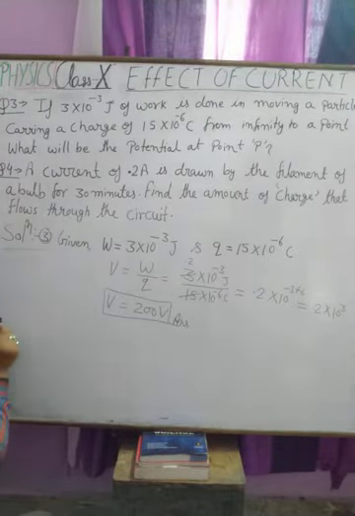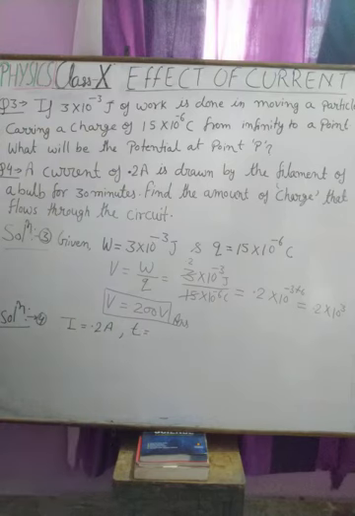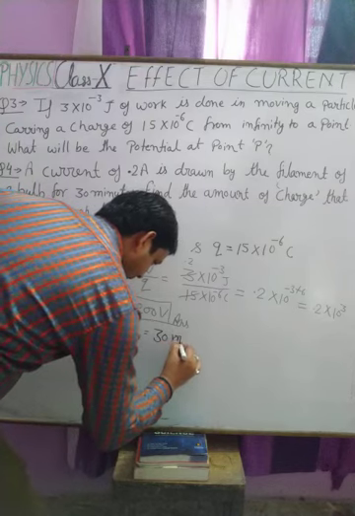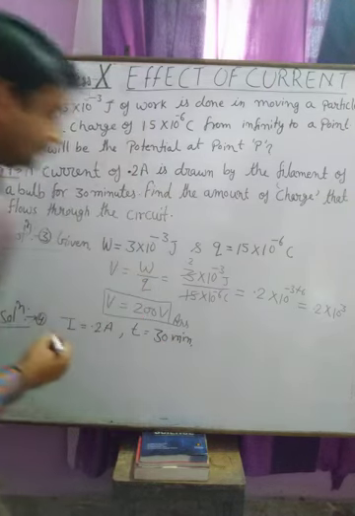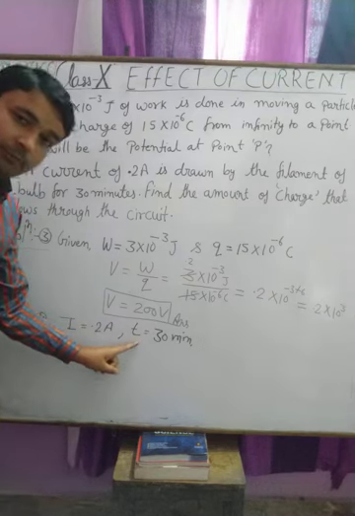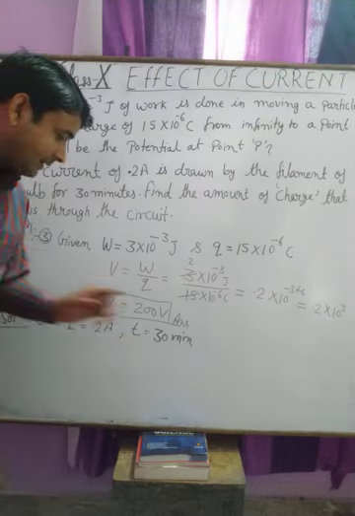Therefore, we have in this question the value of current, that is 0.2 ampere, and the time for moving the charge is 30 minutes. Okay, student, here we need to convert this time into the SI unit, that is, second.